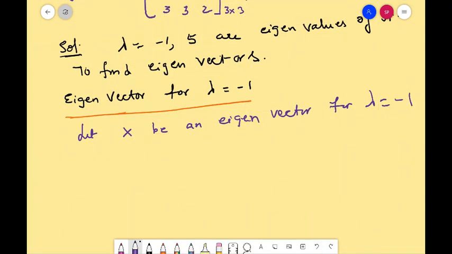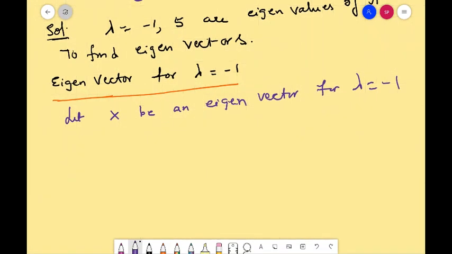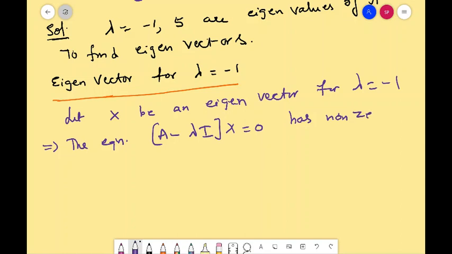For the eigenvalue lambda equal to -1, that implies the equation (A minus lambda I) x equal to 0 has a non-zero solution. That is, (A minus (-1) I) x equal to 0 has a non-zero solution.